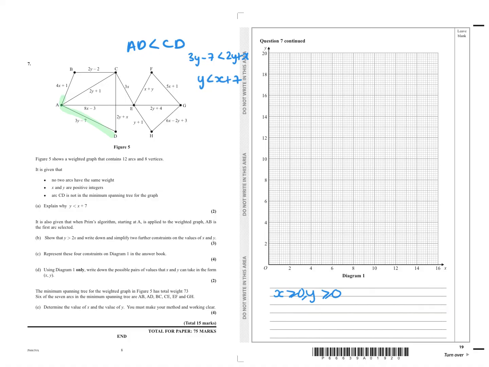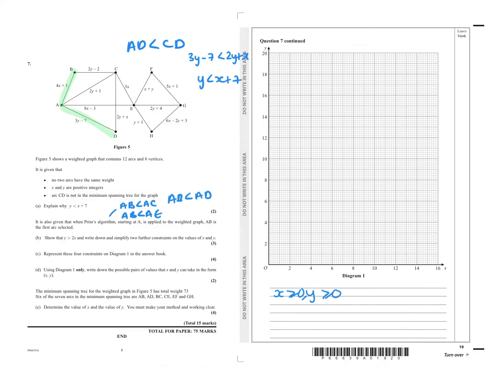That AB is less than AC, AB is also less than AE, and AB is less than AD. I've now got 3 inequalities, haven't I?